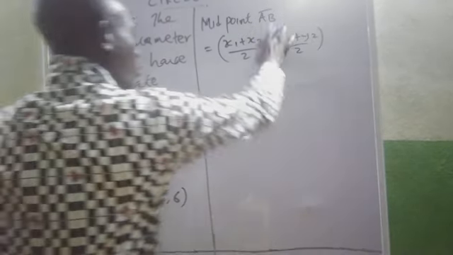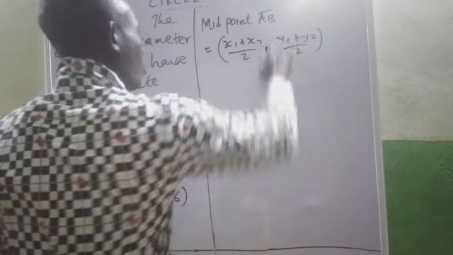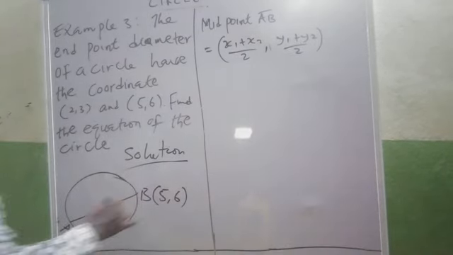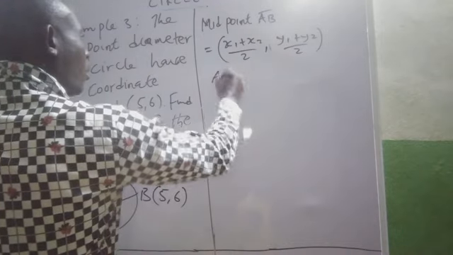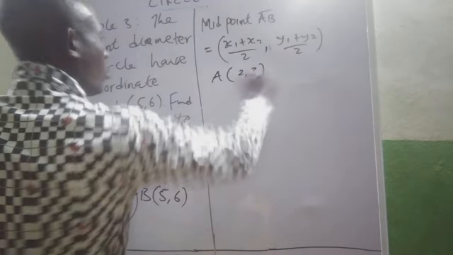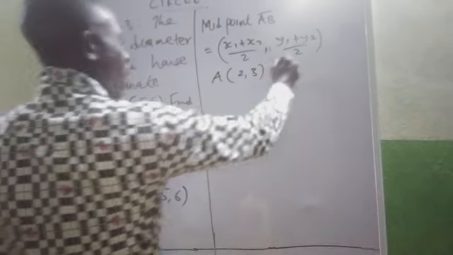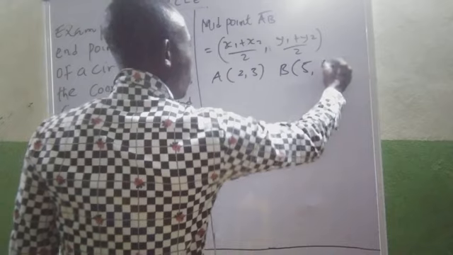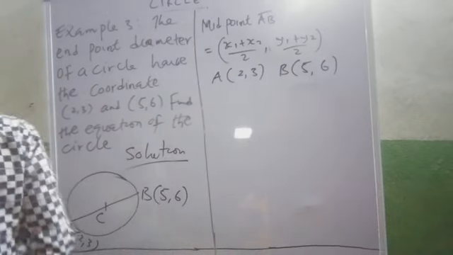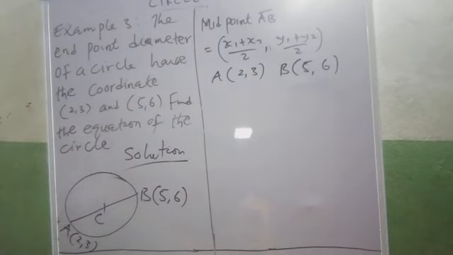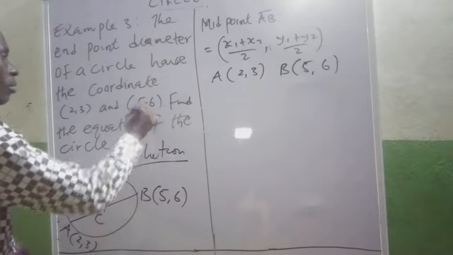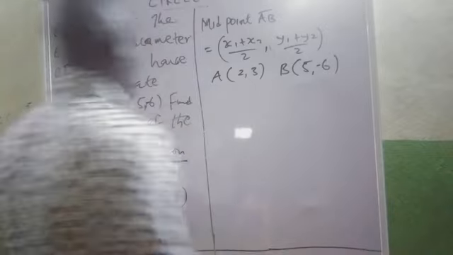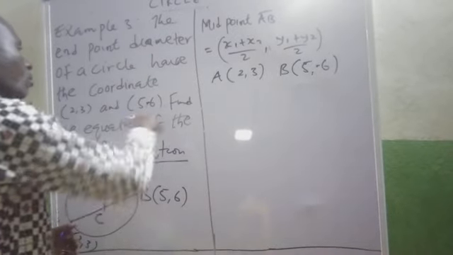We know this. So we bring the coordinates here. A is (2, 3), while B is (5, 6). That's minus 6. Let's correct this. Yes, minus 6. So here will be minus 6 from the question.